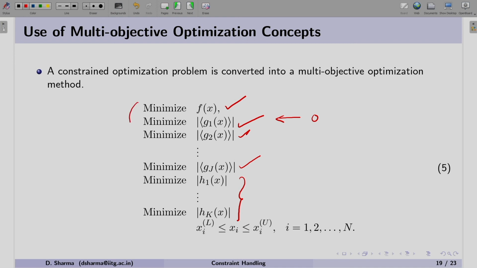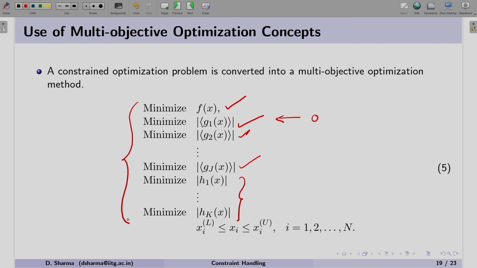Now, looking at this particular formulation, when we have more than one objective, this is called multi-objective. Since we are considering constraints as objective functions, our formulation, which was a constrained optimization problem, has been converted into a multi-objective problem.